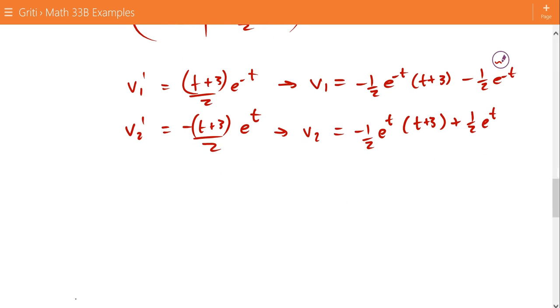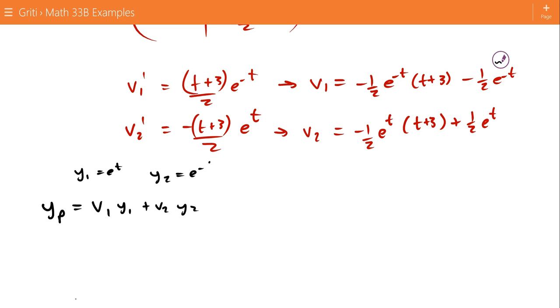So this gives us a particular solution y_p, which equals v1 y1 plus v2 y2. y1 was e to the t, y2 was e to the negative t.